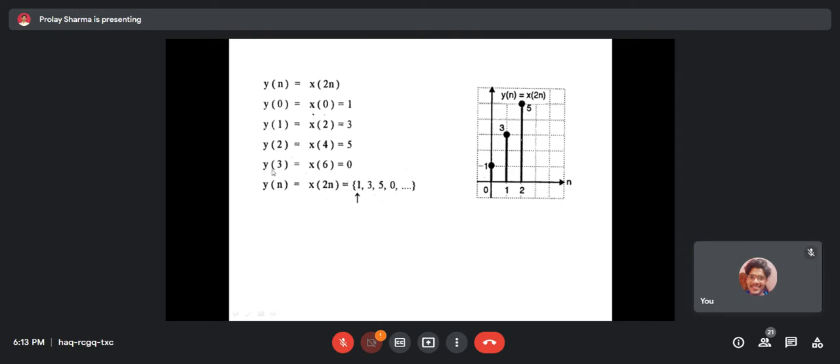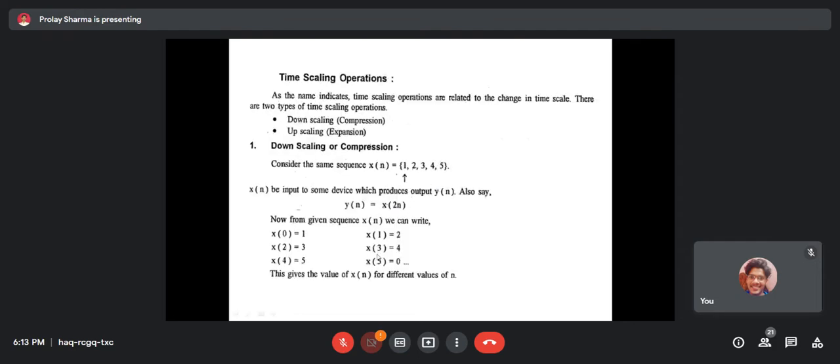Now to get the next sample value, we are putting n equal to 3. That is y[3], which is x[6]. Here the last sample we get is for x[5]. Thereafter there is no sample value according to the signal we have taken.